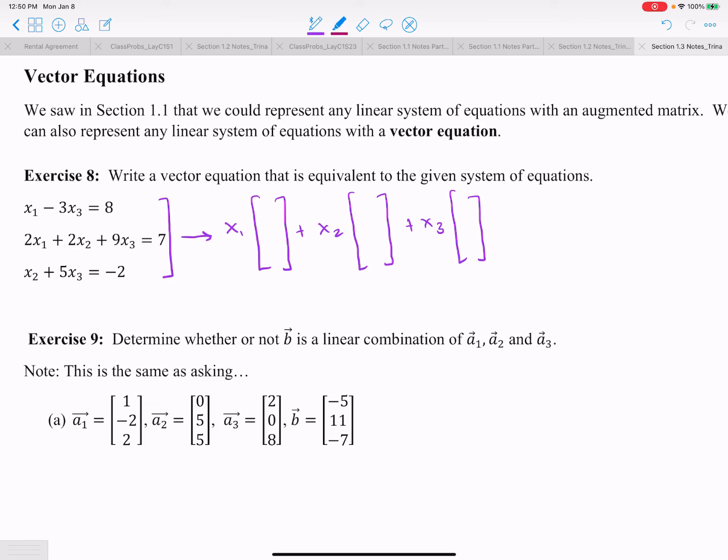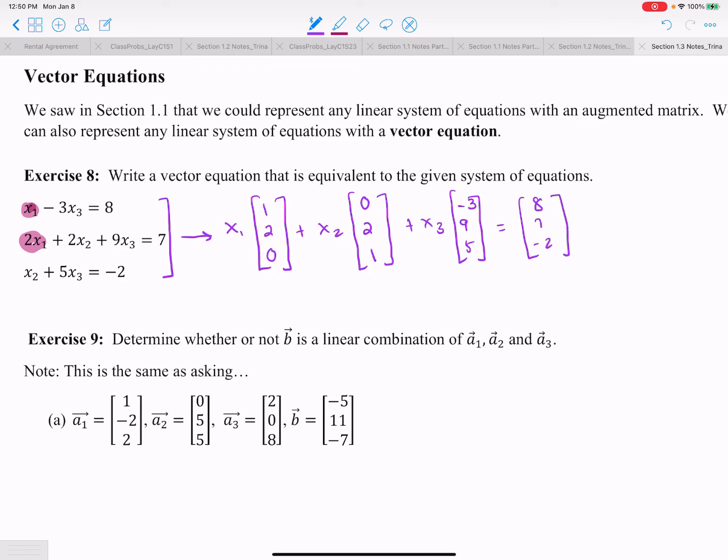So my coefficients of x1 are 1, 2. There is no x1 in the third equation. The coefficients of x2: there's no x2 in the first one. It's 2 and then 1. And the x3s are negative 3, 9, 5. And all that equals the vector 8, 7, negative 2.